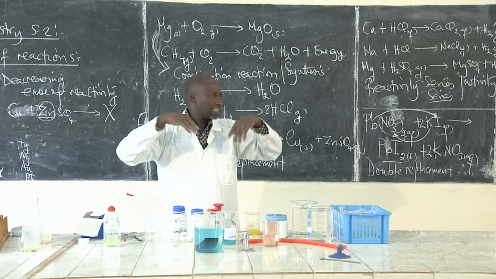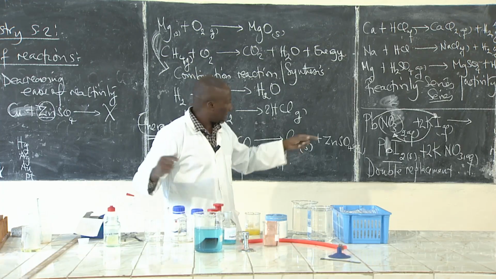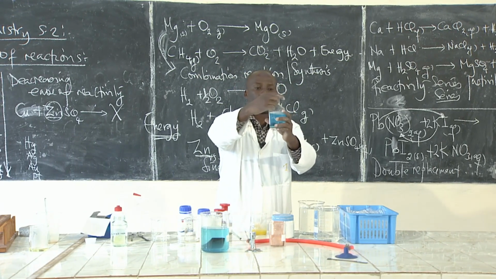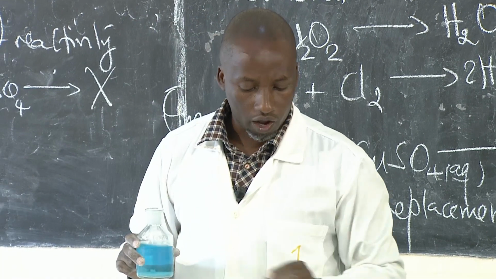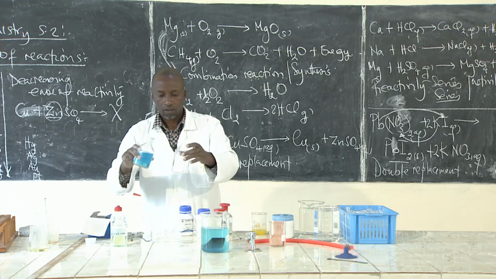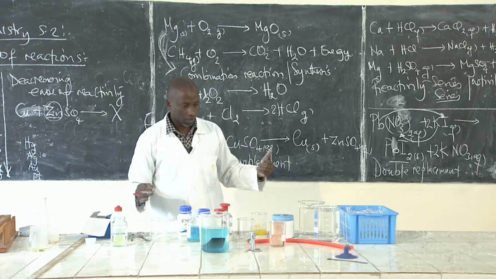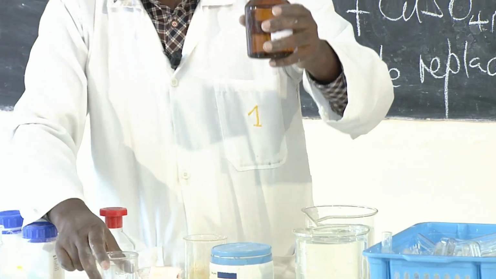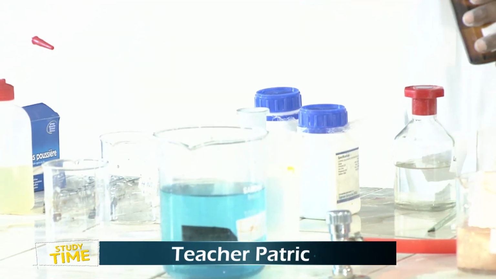You can even think of some other examples, not necessarily this. Probably you can have another one. I have copper 2 ions. This is copper 2 sulfate solution. And then I will have sodium hydroxide. Here it is, sodium hydroxide.